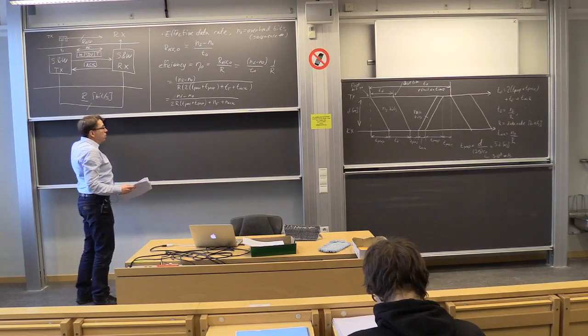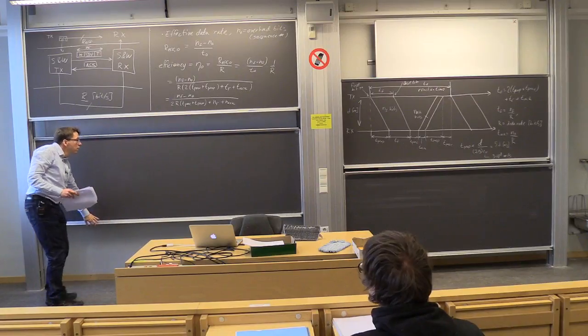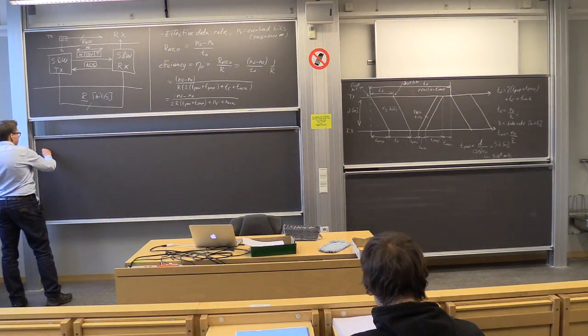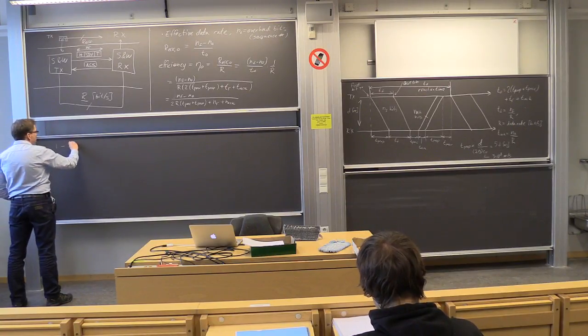Okay. So just continue here. And then if we divide the numerator with NF, we get 1 minus NO divided by NF.